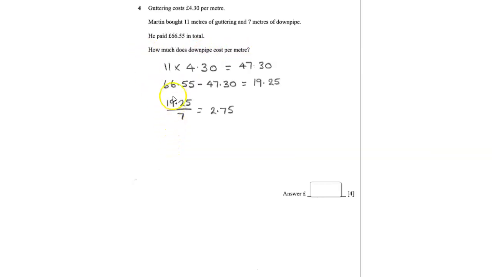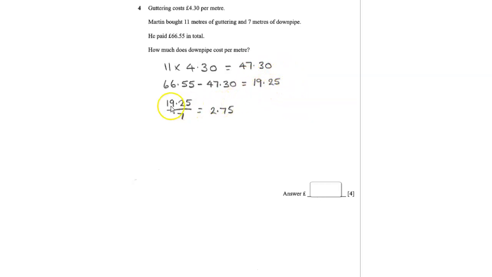So the first step is we do 11 times 4.30, which is your 11 metres of guttering times the cost per metre, which then becomes £47.30, which is the total cost of the guttering. Second part of it, you would do 66.55 take away 47.30, which then leaves you the total cost of the downpipe.